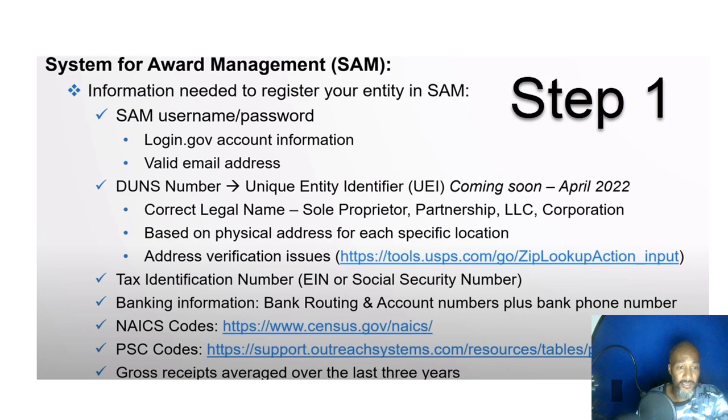Here's the address verification below. You can go to that link right here, type up your address, and see if it's being shown. Because if it's not being shown, you may have a problem, because the government's going to check your address. And if you're going to use a virtual address, there has been talk that you may have to produce a lease.